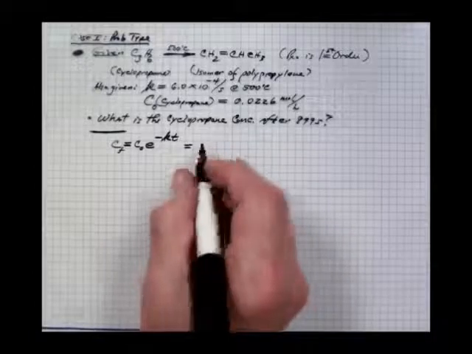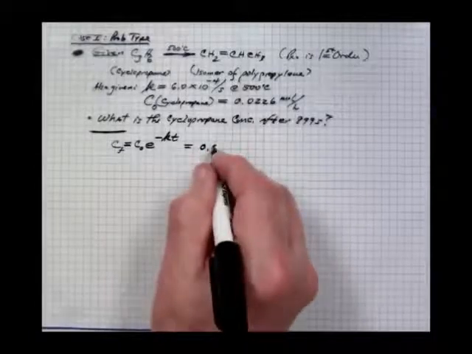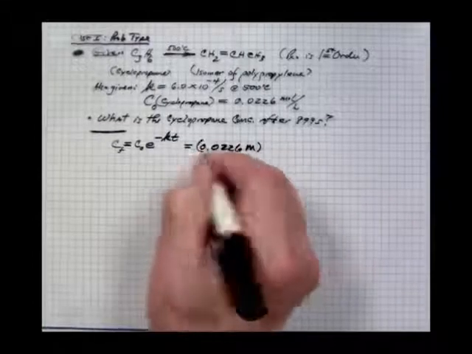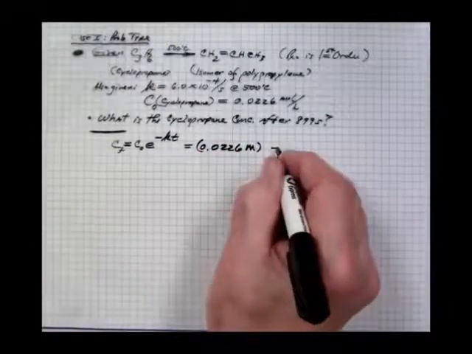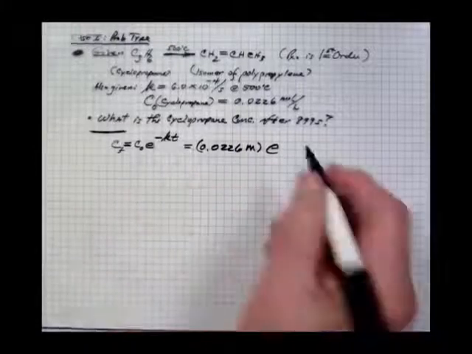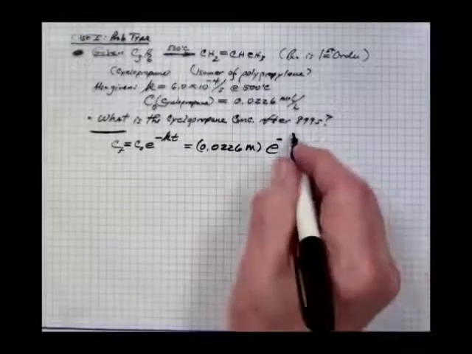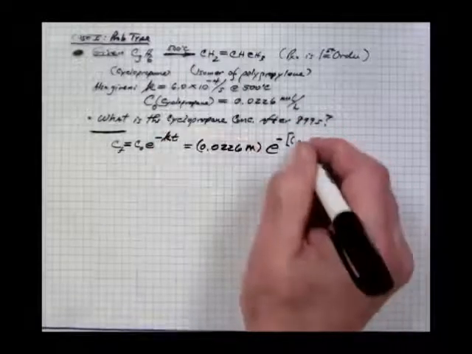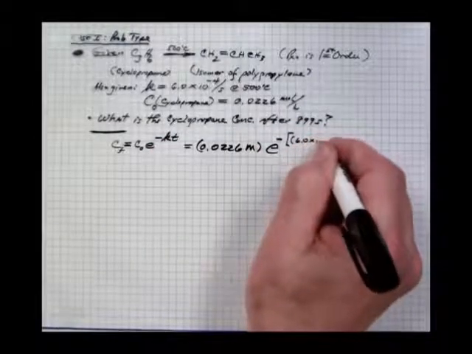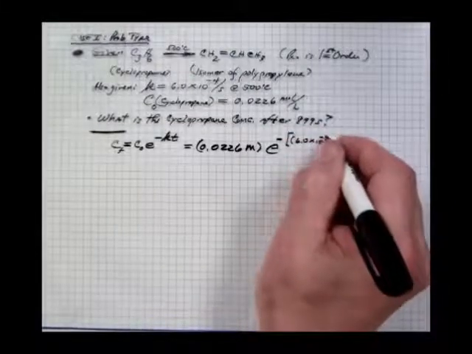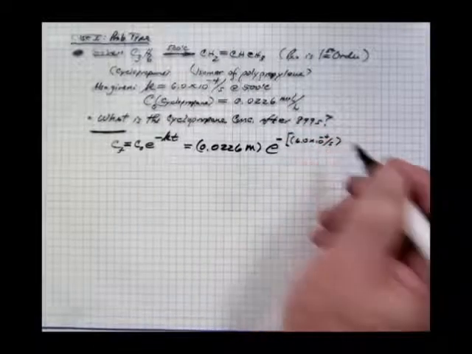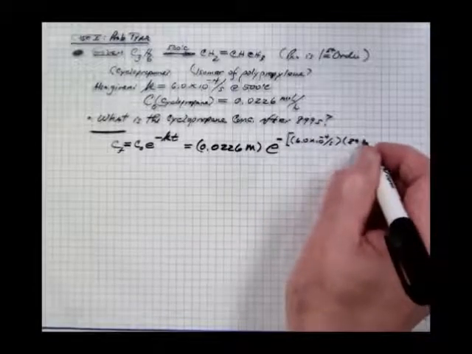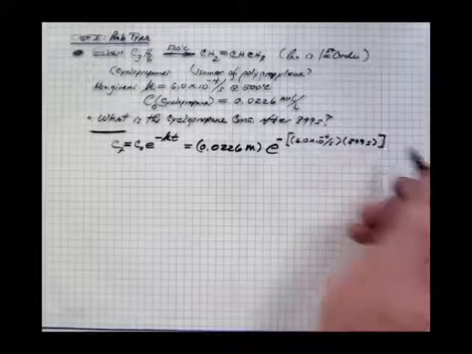Okay, the initial concentration is 0.0226 mole per liter, molar. I'm just going to put capital M. And then we want e to the minus kt. Now what I recommend is a minus bracket, and k is 6.0 times 10 to the minus 4 per second times 899 seconds, and bracket that off.